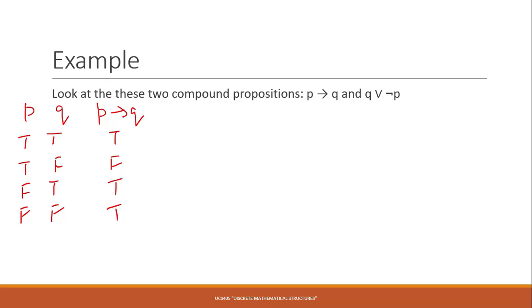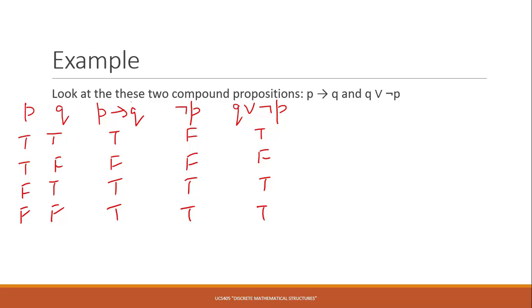Similarly, for calculating Q or negation P, we have to calculate negation P first. It is false, false, true, true. Now we will OR Q and negation P, so that will be equal to true, false, true, true.